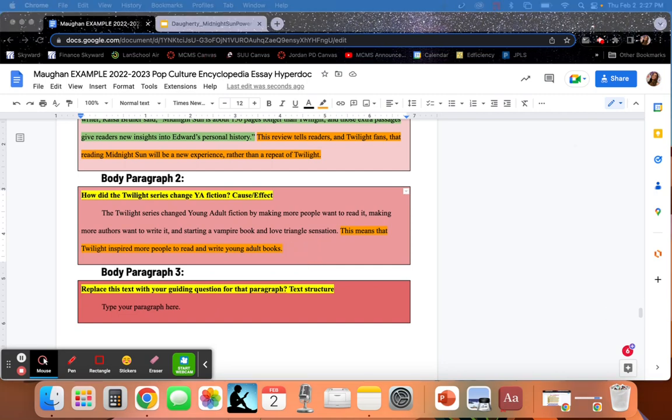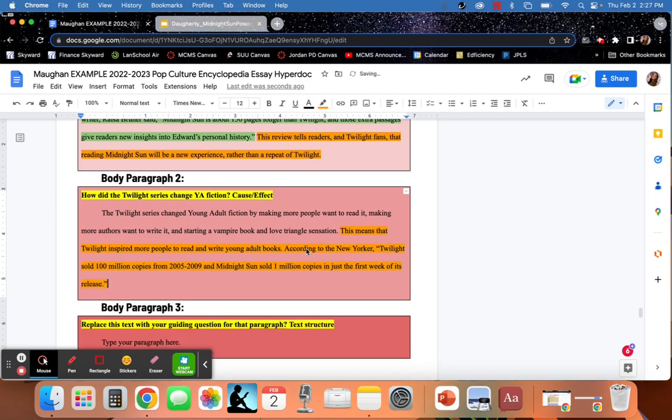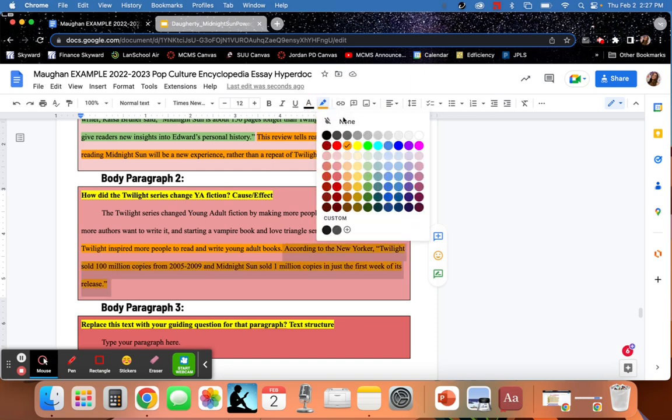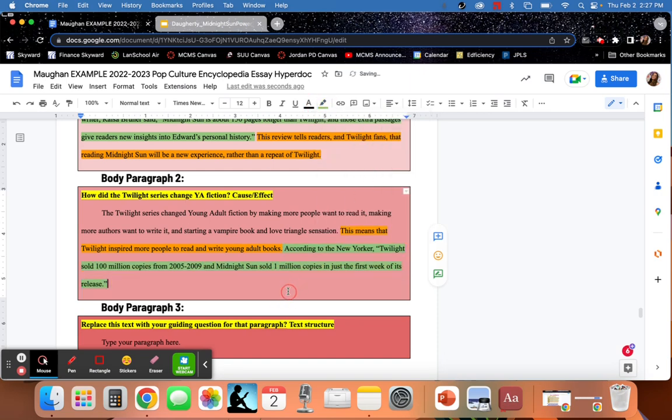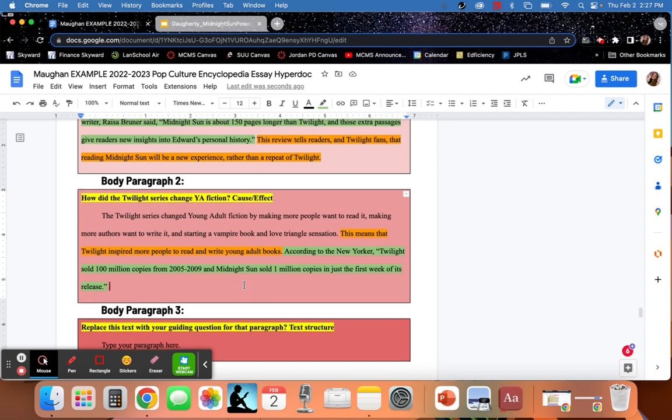So in this one, my author tag, I could not find a name for this one, so I just said, according to the New Yorker, Twilight sold 100 million copies from 2005 to 2009, and Midnight Sun sold 1 million copies in just the first week of its release. Notice in this example, I'm trying to show cause and effect. So I'm showing the effect of what happened of Twilight being so popular and how that affected Midnight Sun. My example is highlighted in green.